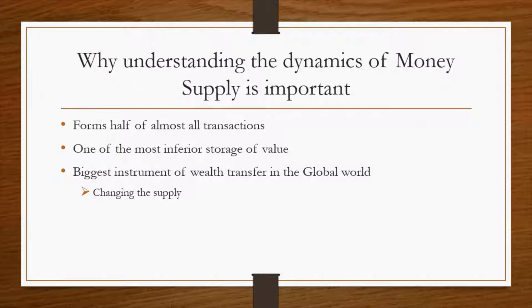Just to indicate some of these tools that they use: changing the supply of money in the economy, ensuring early access to a few, very important, and how this affects the transfer of wealth in the economy. Monopoly of money. Although since the advent of cryptocurrency, things hopefully would change in the future, today the sovereign, the central banks, the commercial banks have literal monopoly of the money supply in the economy.